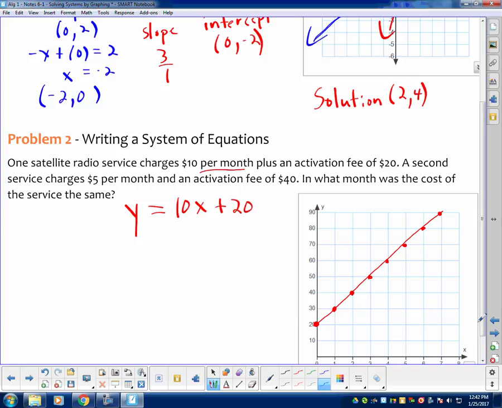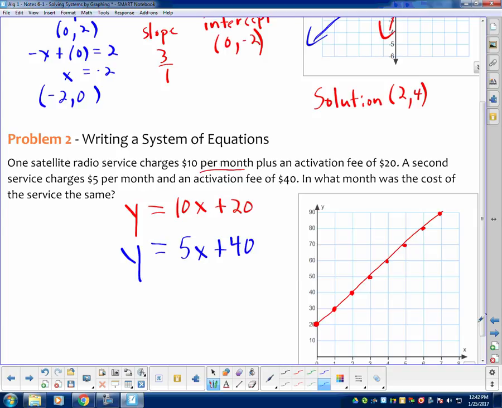What about this one right here, guys? What's the equation of this second one? $5 per month plus $40 activation fee. 5x plus 40.